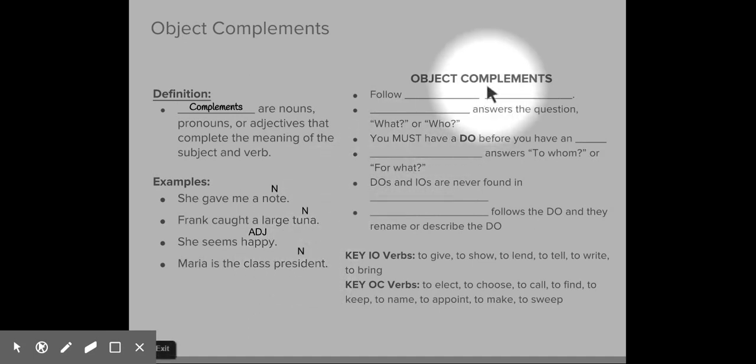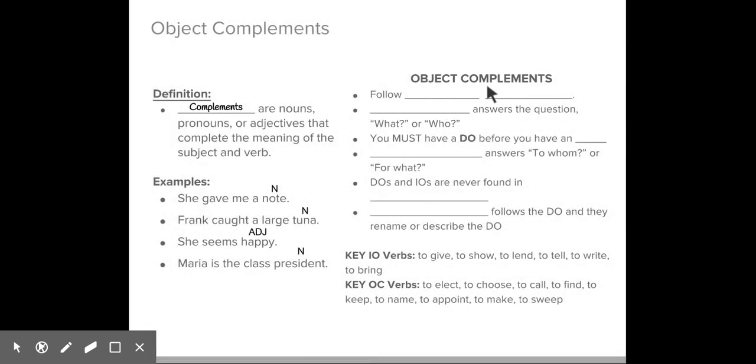So back to objective compliments. Like we were saying before, they follow action verbs. They answer the question who or what after the verb. If you have a DO, you might have an IO before it, but you have to have a DO first. Indirect objects answer to whom before what.